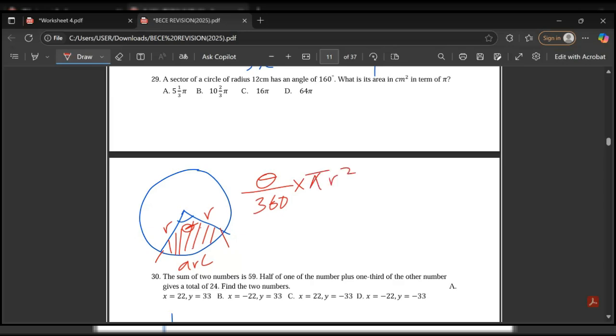So this is the formula for calculating the area of a sector. We are given theta is 160 over 360 times pi. We are not going to put the value of pi here. Multiply by the radius, which is given as 12. That is 12 squared. 0 cancels 0.